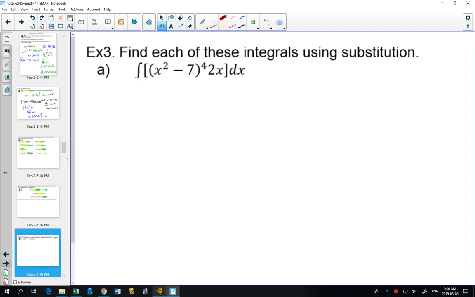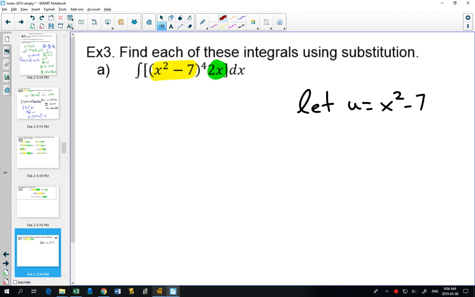So here, if we go back to our highlighter and keep highlighting the same way, there's our inside function. There's the derivative of our inside function. So in substitution, we always let u equal that inside function. And if you've recognized the right inside function and recognized the right derivative, things will work out nicely.